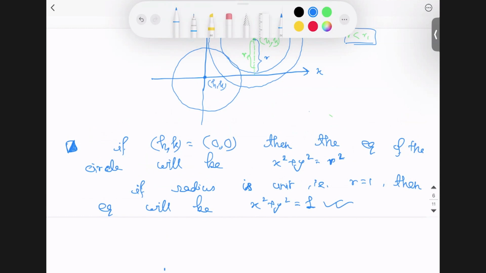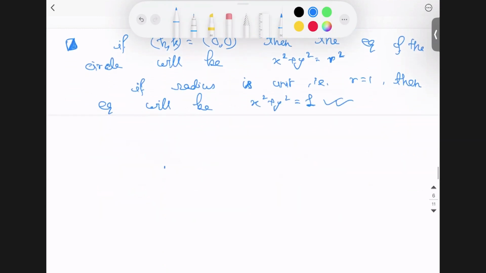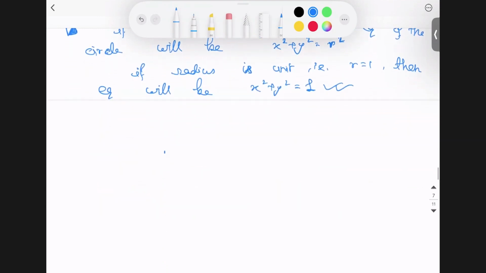So naturally we shift the circle so that the origin is at the center, study that circle, and then go to our case and get some idea about it. So go to some arbitrary case.